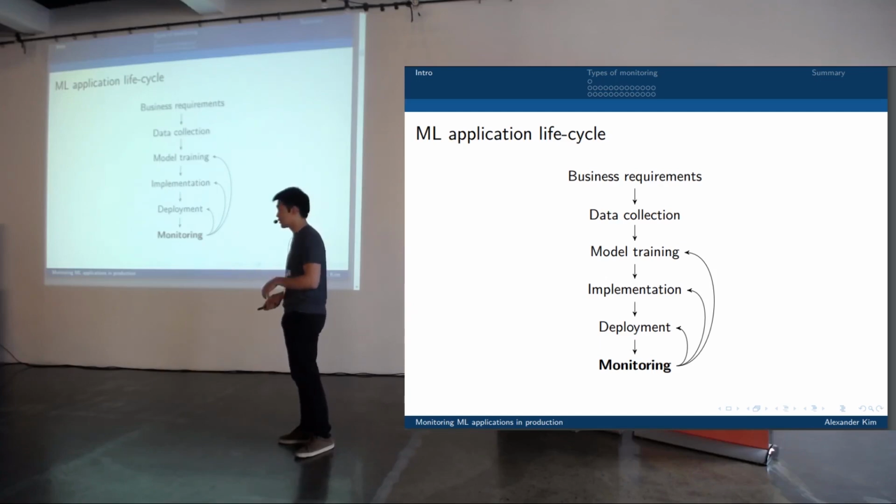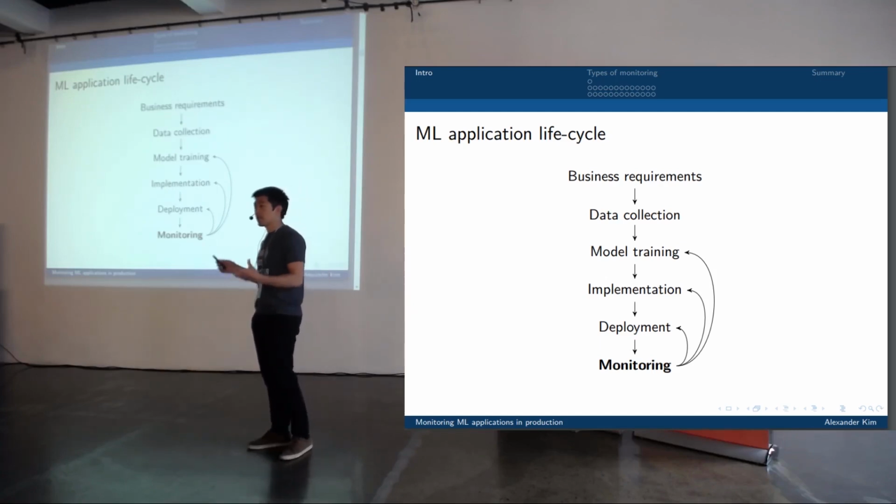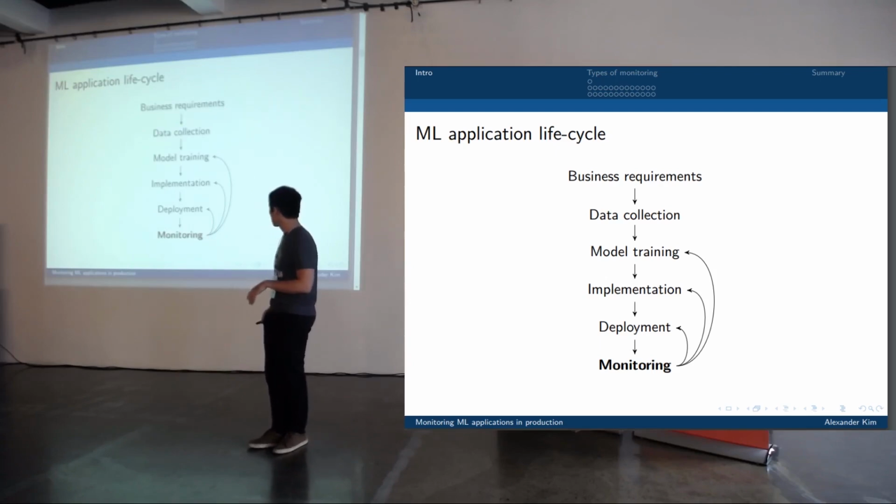Okay, now let's talk quickly about the general life cycle of an application, and specifically machine learning applications. So you start with business requirements, something that you need to solve a particular need for the business. Then in case of machine learning applications, there's usually some data involved, so you spend some time collecting it, cleaning it, and then you enter what I would say is the Kaggle stage of the process, where you train and iterate on your model, try to get the best performance possible.